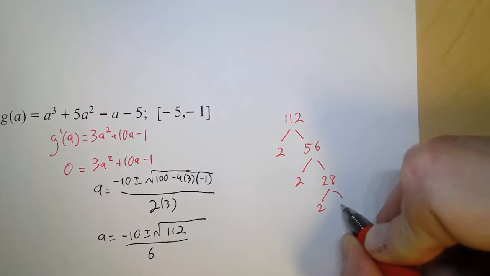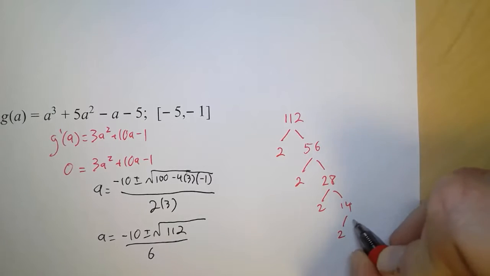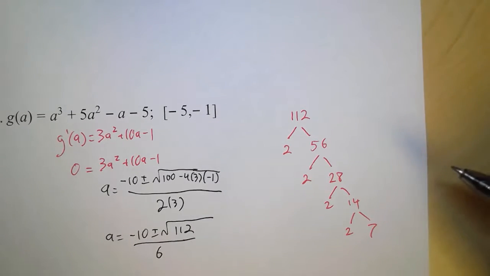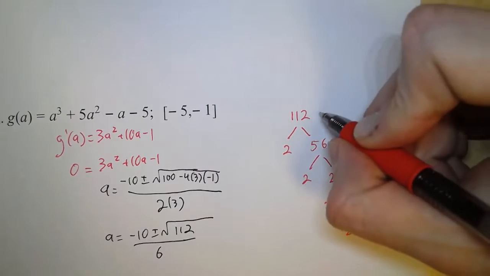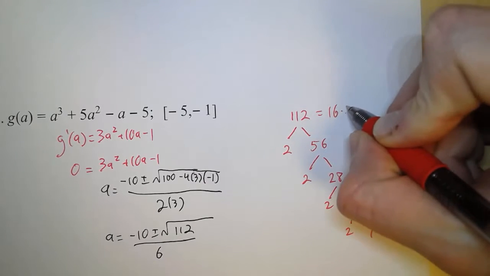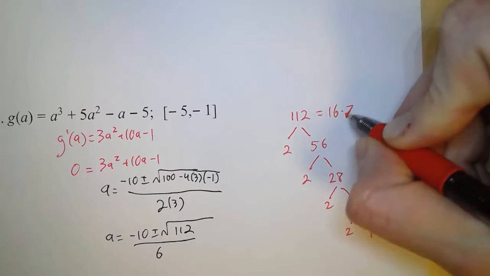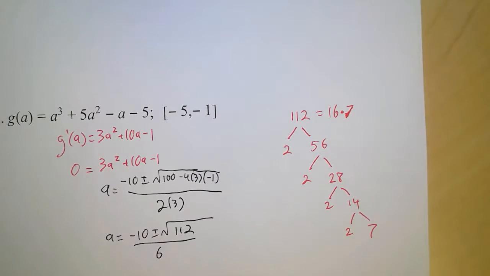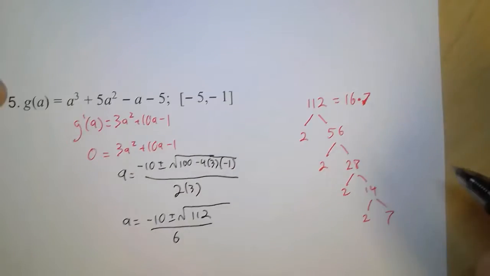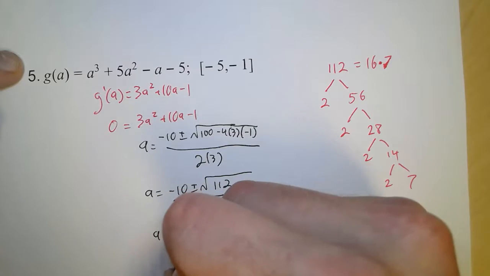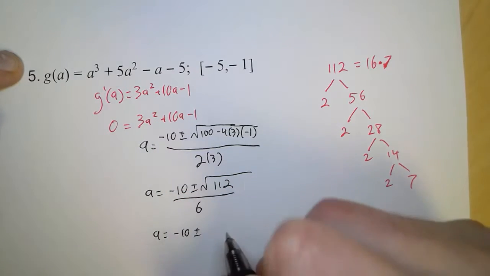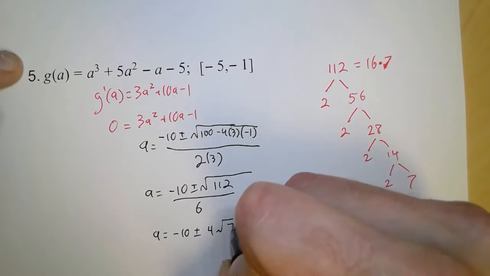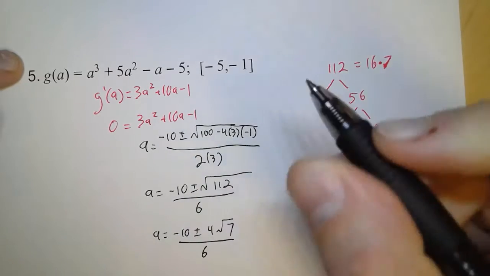Another 2 leaves me with 14. Another 2 leaves me with 7. So 112 is the same as 16 times 7. Now the 7 obviously is a prime number, we can't take the square root of that. But 16 we can take the square root of. So a equals -10 plus or minus 4 square root of 7 all over 6.